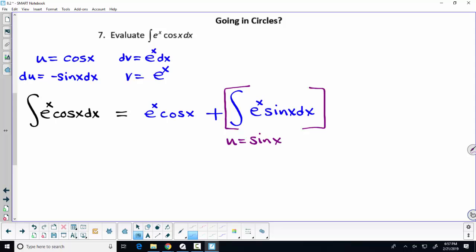This time we'll let u be sine and dv be e to the x dx. So du is cosine x dx. V is e to the x.